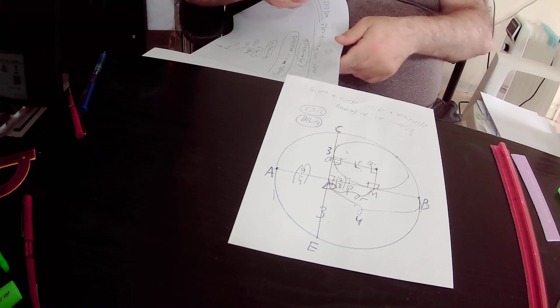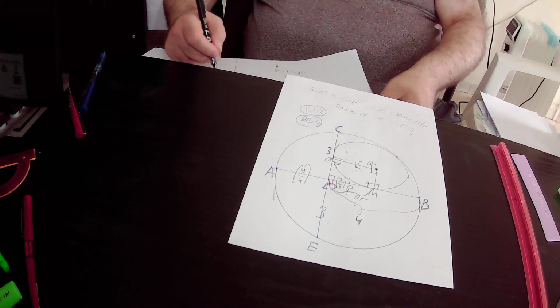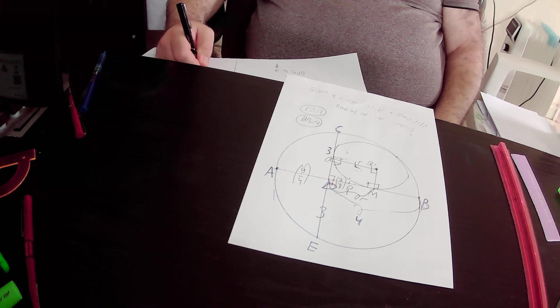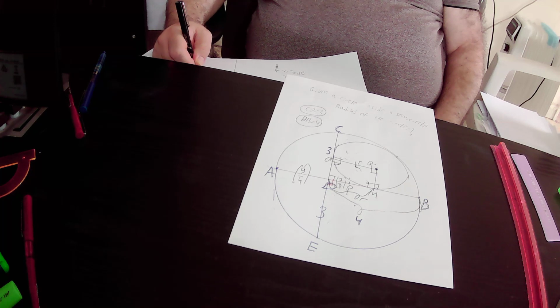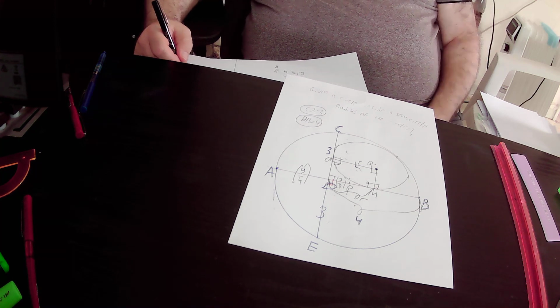We've already found out that DM equals small r, the radius of the small circle, so PM equals small r minus DP. We've already found out that DP equals 7/8.